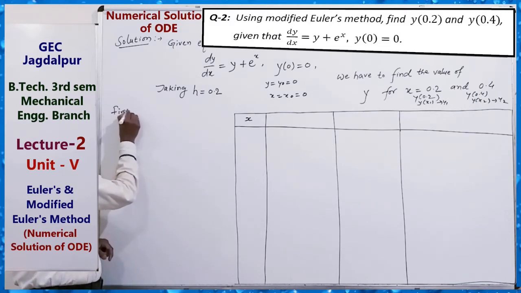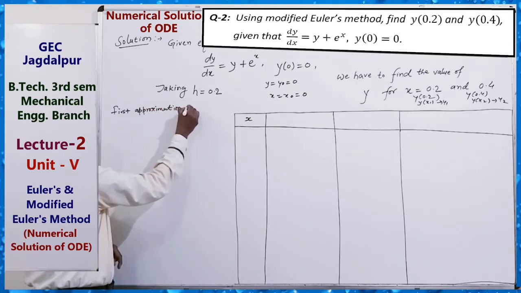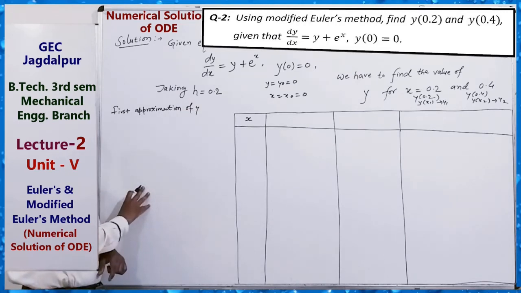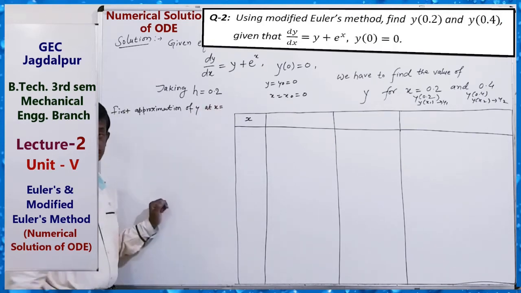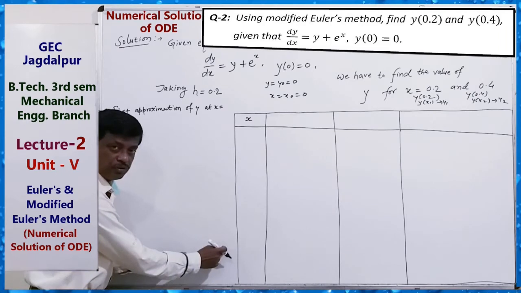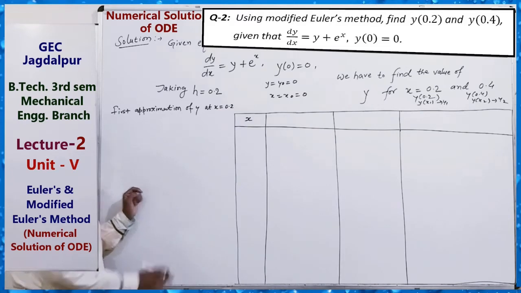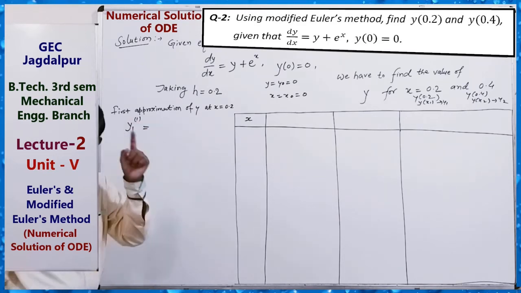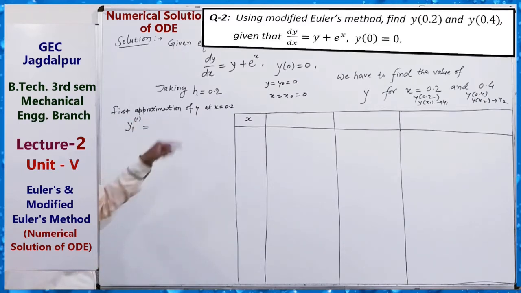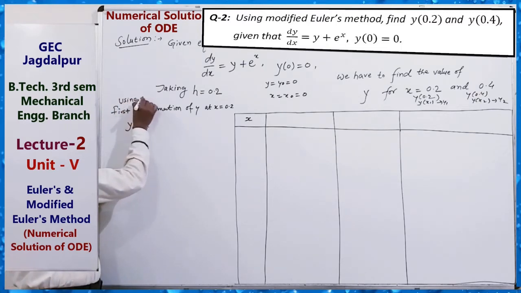First approximation of y at x equals 0.2, we will get from Euler's formula.